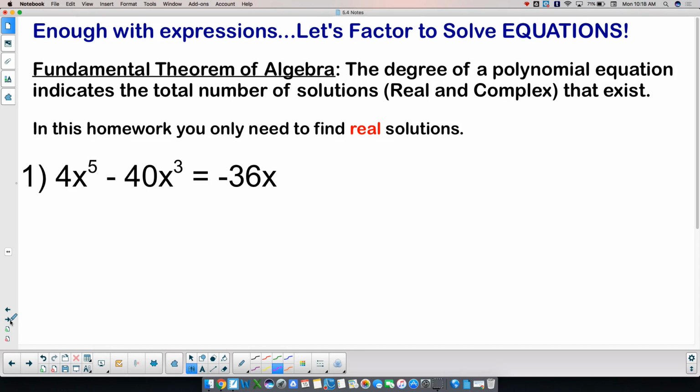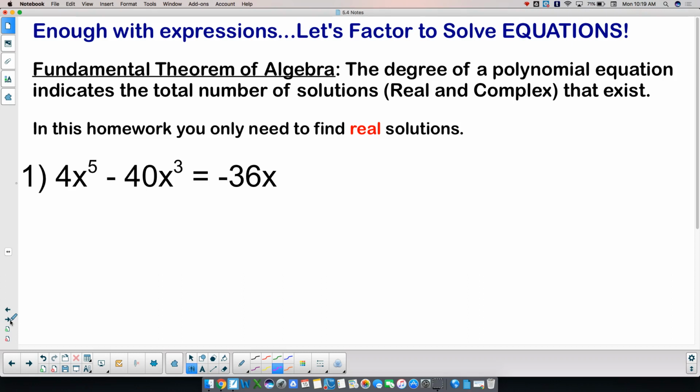I want to say it was in 5.2. Power of the polynomial? Yep, it's the biggest power, biggest exponent. Okay, degree's the biggest exponent.